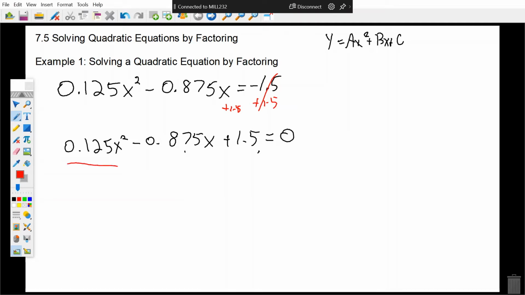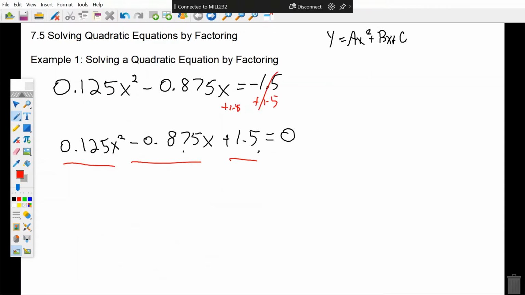So we're going to divide them all by 0.125, which is going to give us x squared minus 7x plus 12 equals 0.